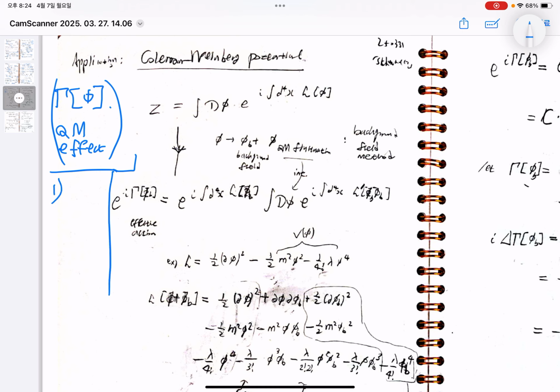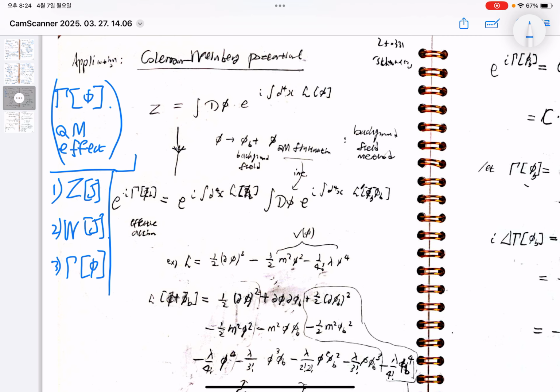The first one we talked about was the generating functional and the Legendre transformation. We obtained the effective action, and before that there was also the generating function of the connected diagrams.